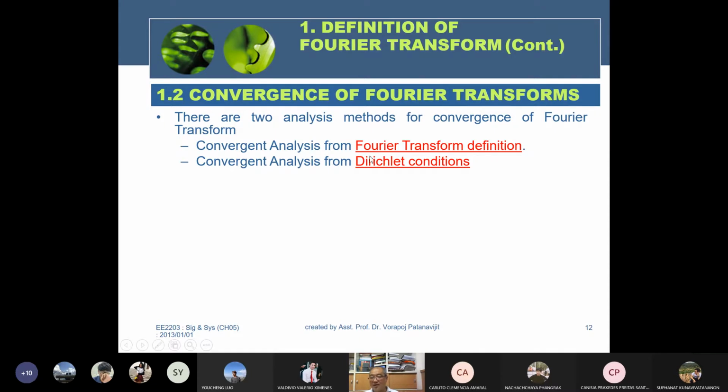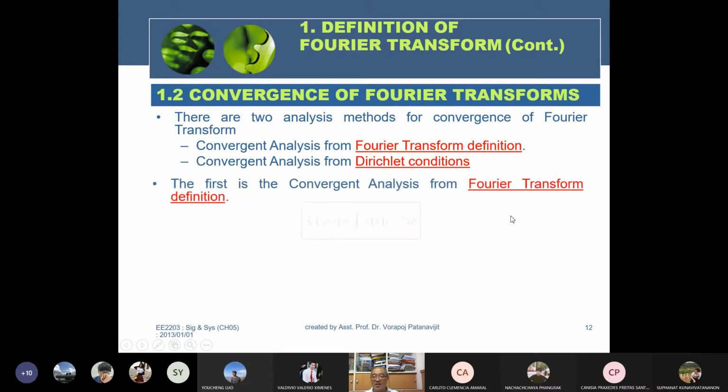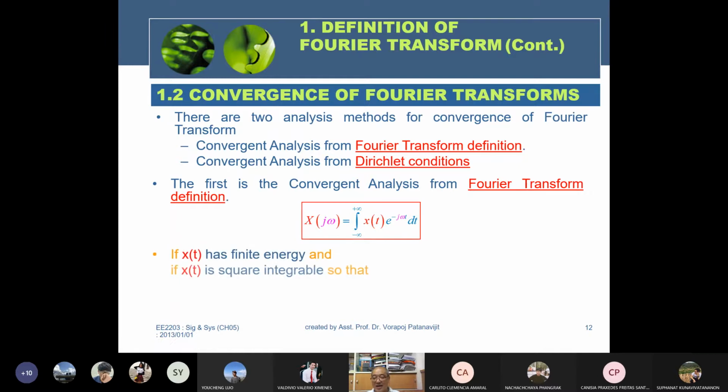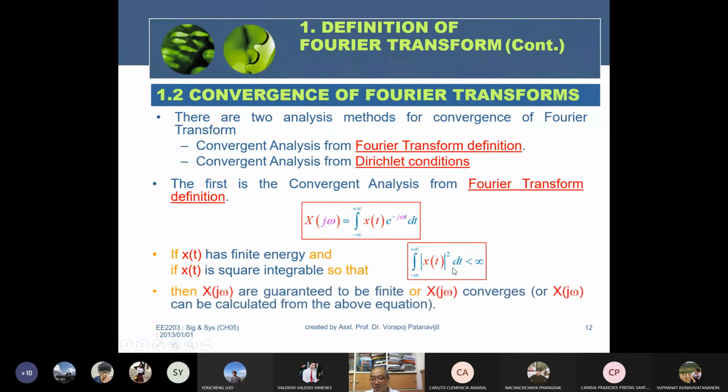The convergence analysis can also be derived directly from the Fourier transform definition. The first is the convergence analysis from the definition. From the definition, X(ω) equals the integral from minus infinity to infinity of x(t) e^(-jωt) dt. If x(t) has finite energy, if x(t) is square integrable, meaning you take the square and integrate, it's finite, less than infinity, then you can guarantee that the Fourier transform X(ω) is finite, or exists.